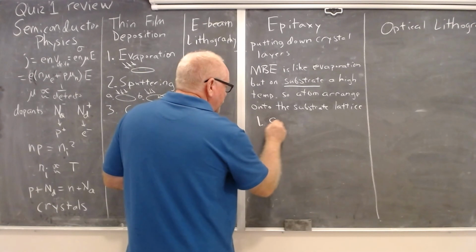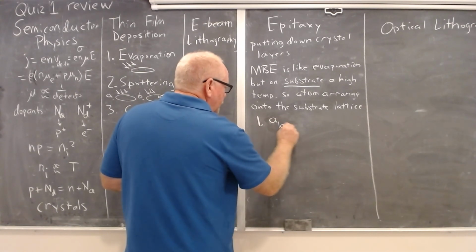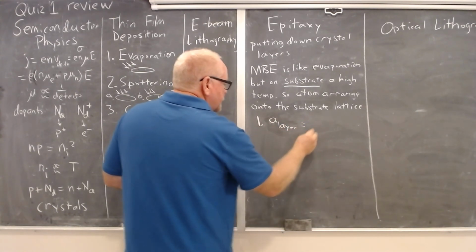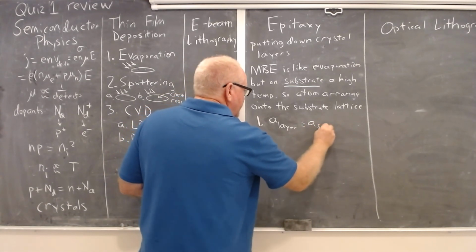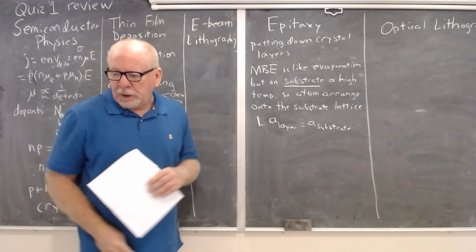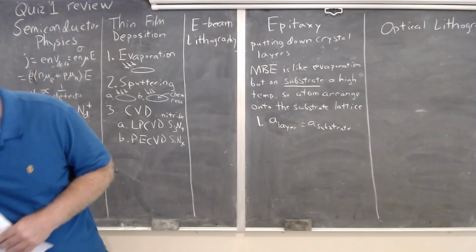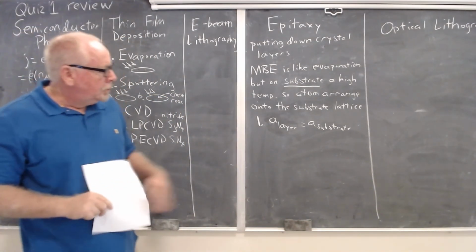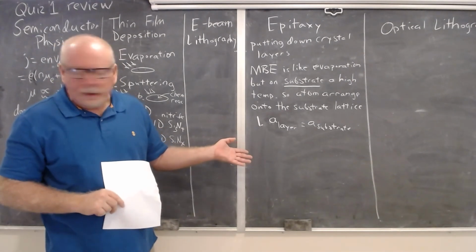I'm going to write A of the layer equals A of the substrate. And I'm not even going to try and attach words to this. I'm just going to write down the three things that can happen.